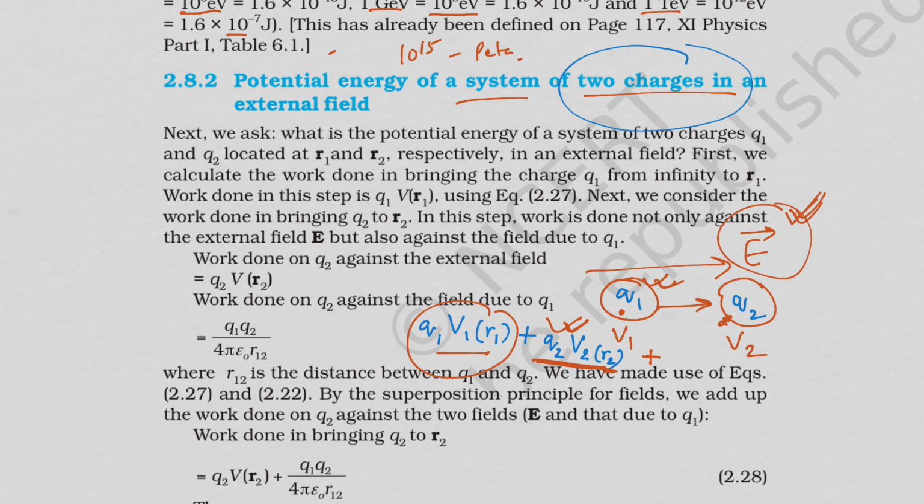And if you check the previous section, we talked about how to derive the potential energy of our charge when we bring it in front of another charge. So that is actually the other charge Q2 and the potential due to the charge Q1, okay.